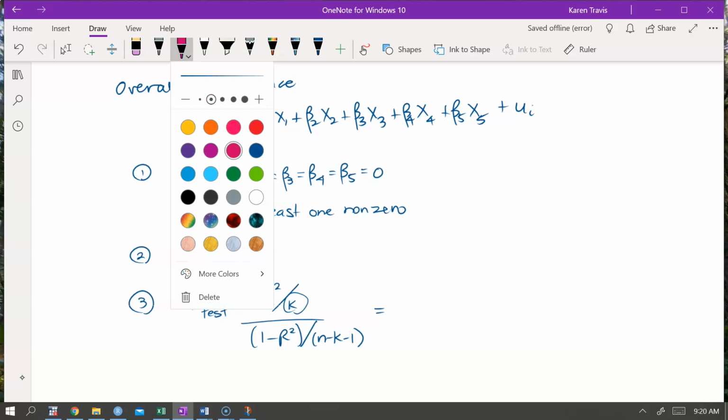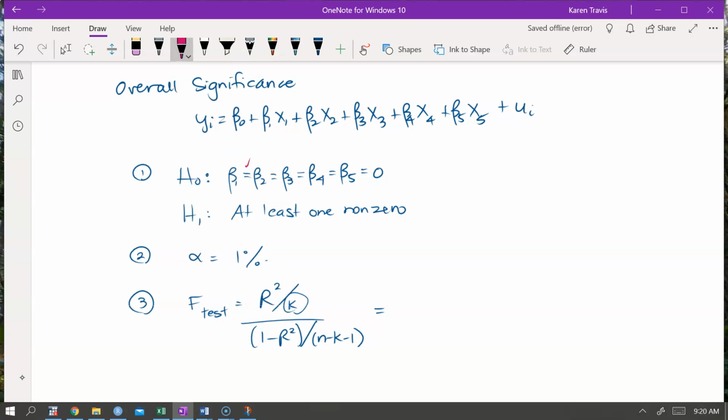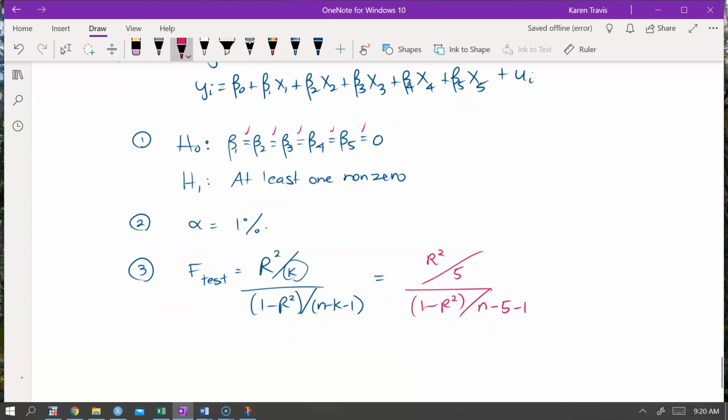If we count the restrictions, 1, 2, 3, 4, 5 equal signs means we had 5 restrictions. We would have r squared here and here, whatever our sample size is, and the -1 is for the additional fact that we estimated a y-intercept as well.